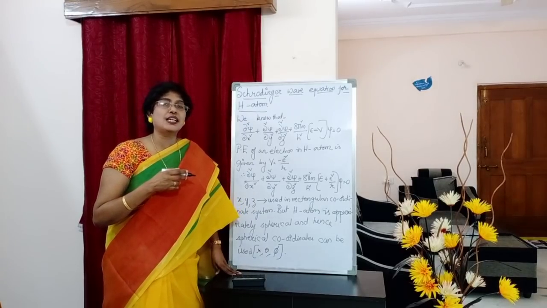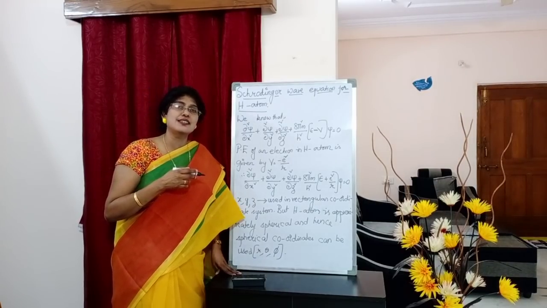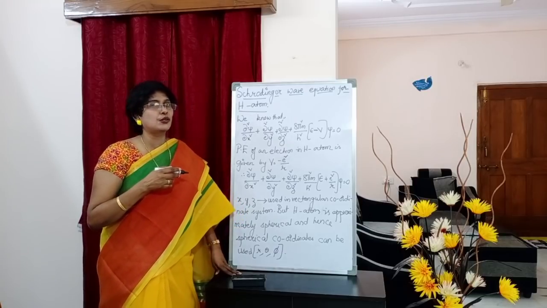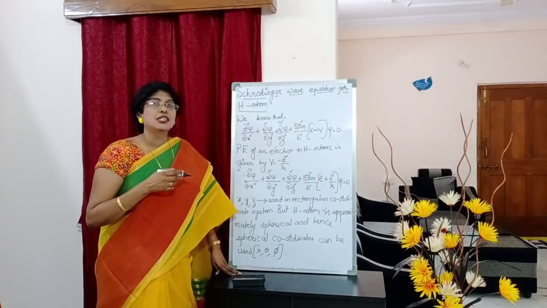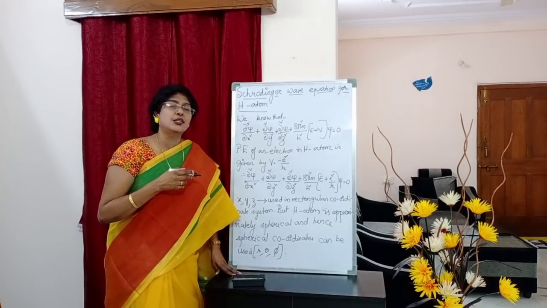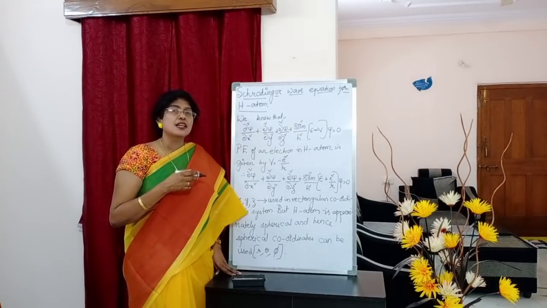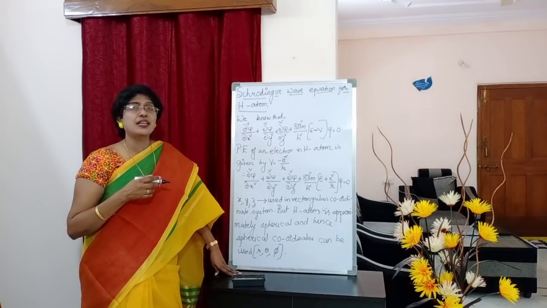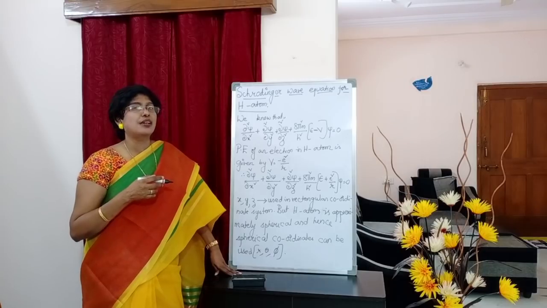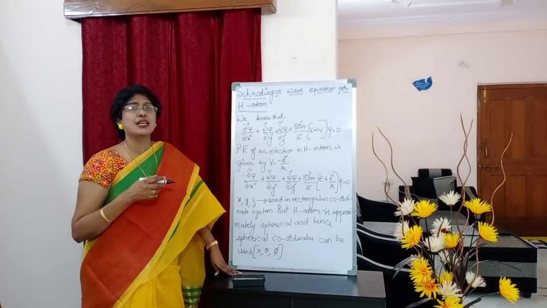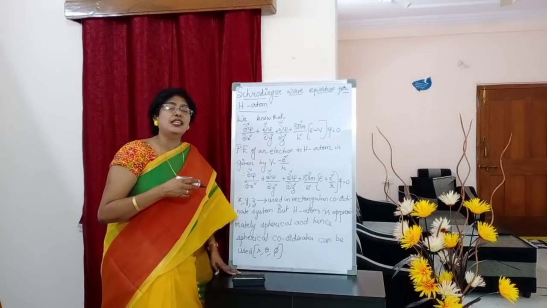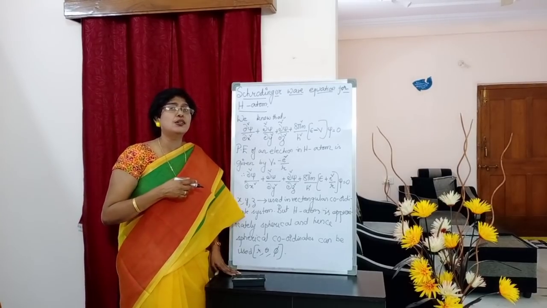Before looking at that equation, students, first write down, we know that dou square psi by dou x square plus dou square psi by dou y square plus dou square psi by dou z square plus 8 pi square m by h square into E minus V into psi is equal to 0.